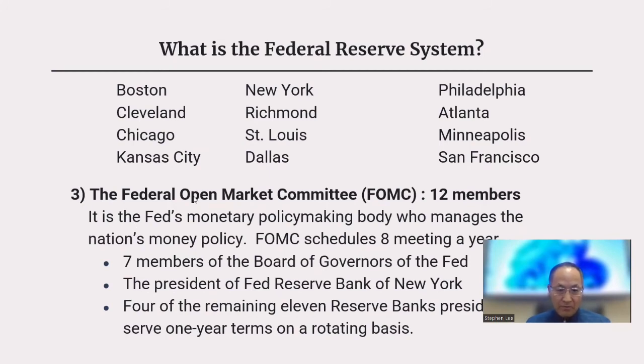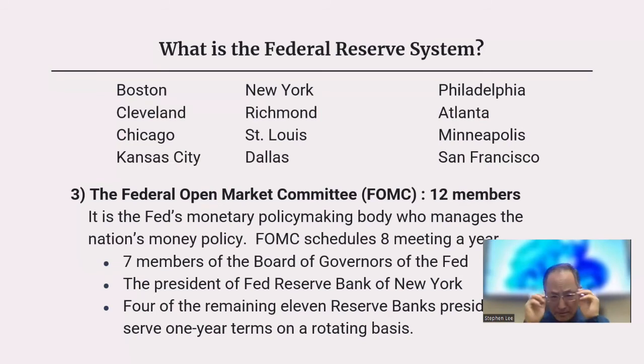Okay, third, the Federal Open Market Committee. This is the famous organization to us because they control the federal funds rate. And we're talking all the time about the federal funds rate, in Korean 기준금리, right? That's why this committee is very famous. There are 12 members of this committee.